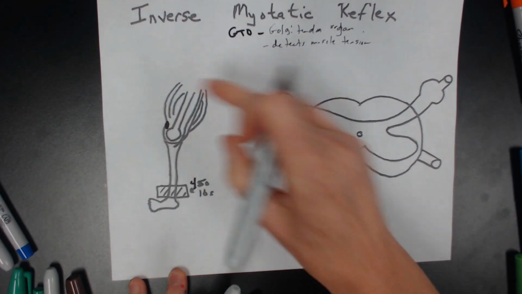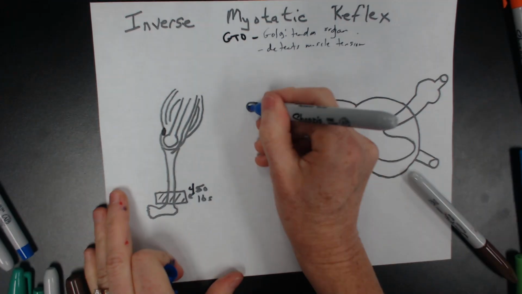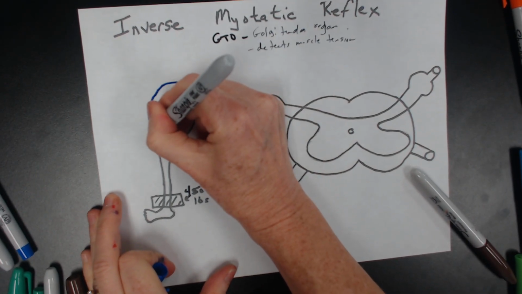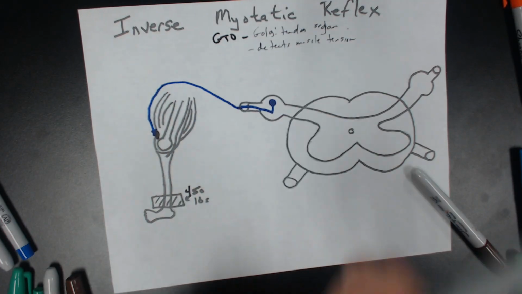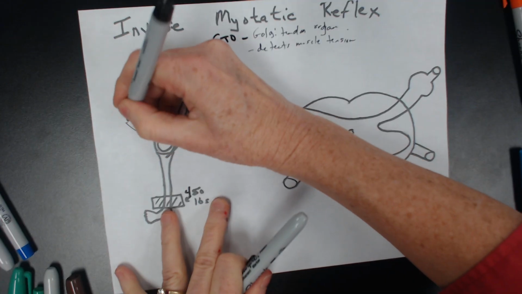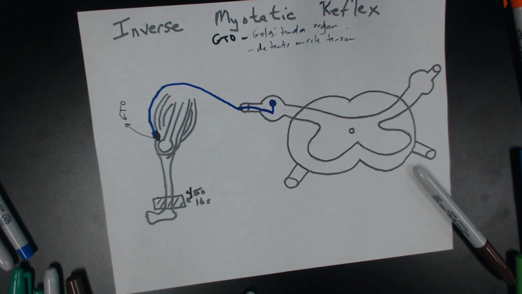If I tried to do a knee extension here, these dendrites are going to hook up with this GTO. Okay, they receive information coming from the GTO. I'll label that as my GTO. Okay, it's detecting a whole bunch of muscle tension on those quad muscles. That's way too much to lift.